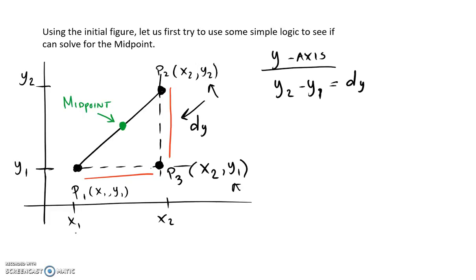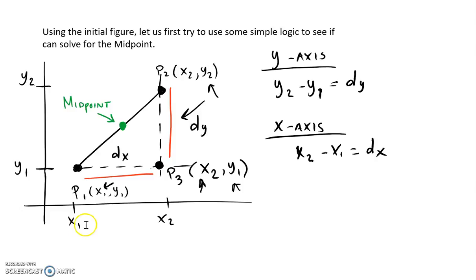Easy enough. Okay, so now we want to find the x-axis, and to do that, it's similar to the y-axis. All we do is take our x2 value and subtract our x1 value. So x2 minus x1 is our dx, right?